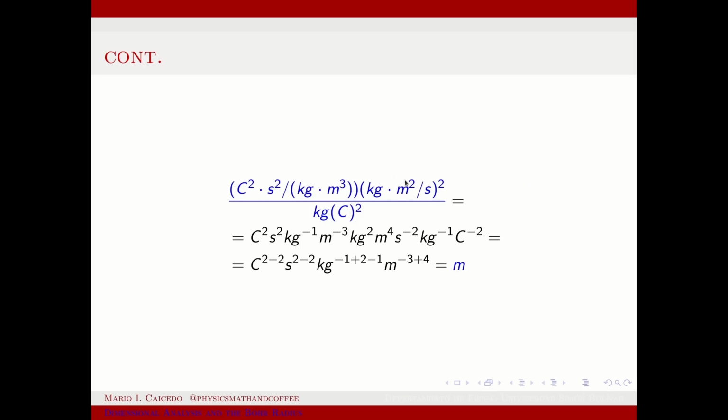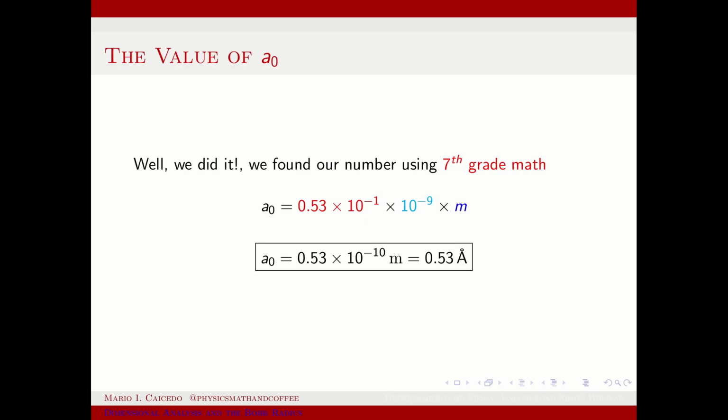And with the constants, we do the same. We take a little care to make sure nothing happens. At the end, they multiply to get meters. So this is the Bohr radius, calculated with no problem at all with elementary 7th grade math. Very nice.